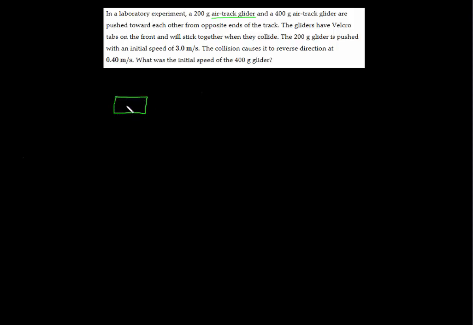Let's sketch it out. So we'll have, call it mass 1, and this mass is going to be 200 grams, so 0.2 kilograms. And then it has a velocity of 3 meters per second. So the initial velocity is 3 meters per second. All right, so this one's going to be going this way. And then we have the second one coming this way.